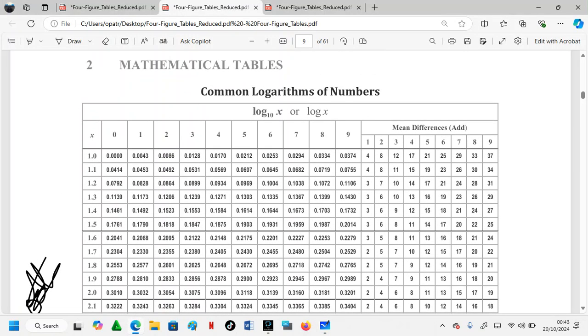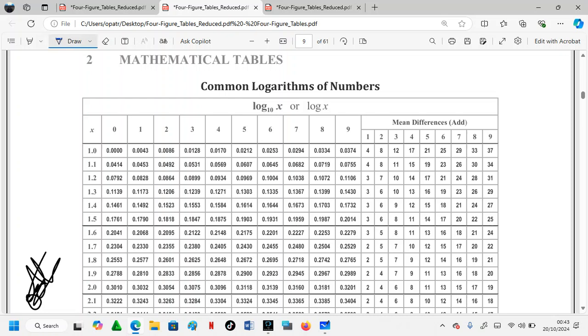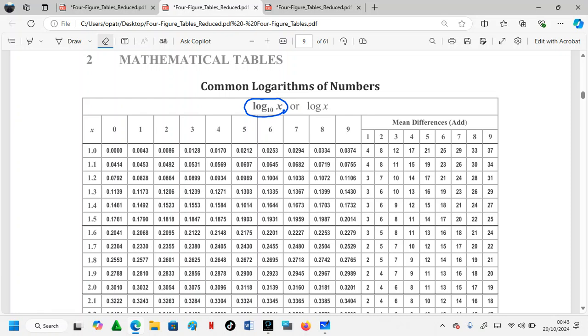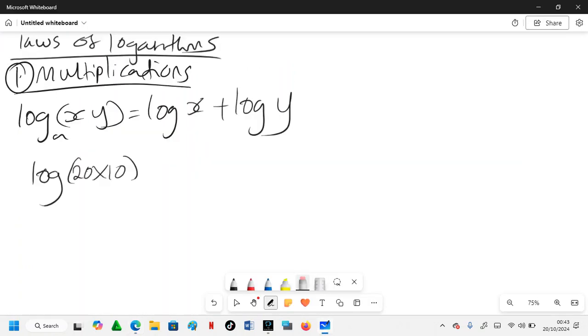You see, the log you're given in the mathematical tables, the ones you call four figures, is always to base 10. So you always have to remember that. Okay, let's go back there.